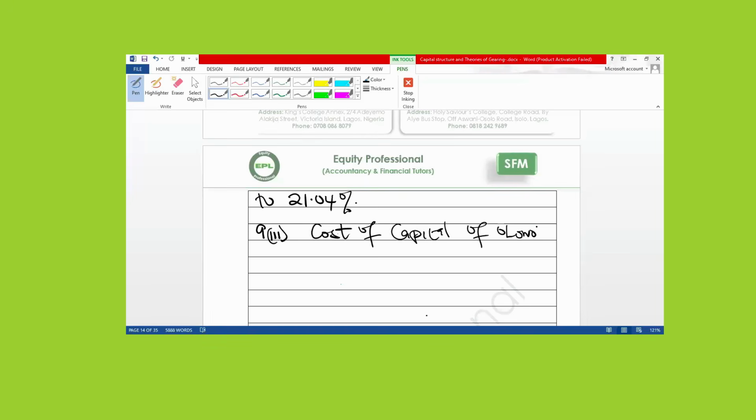Your cost of capital is your weighted average cost of capital. For this, we are going to use the formula for WACC.